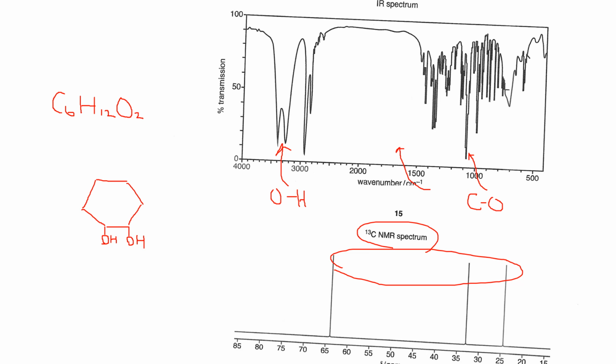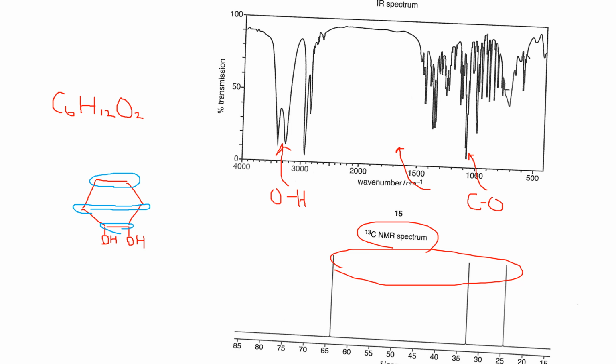When you look at the carbon-13 NMR spectrum, it should have 3 peaks. So maybe these 2 carbons belong to the same type, these 2 carbons belong to another type, and these 2 also. You see, it matches, and all are 2 carbons.